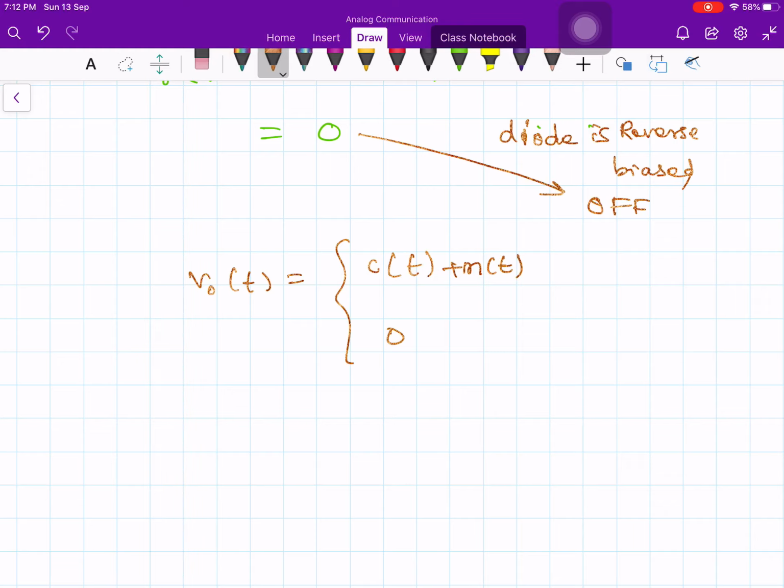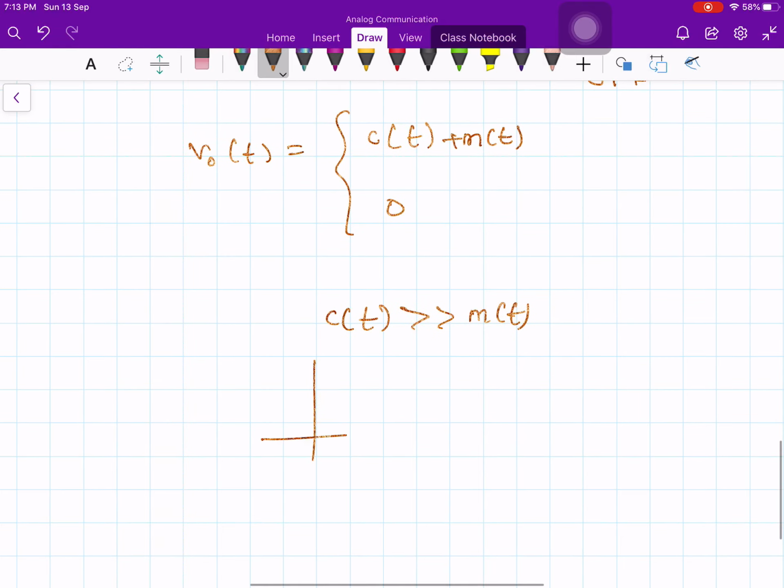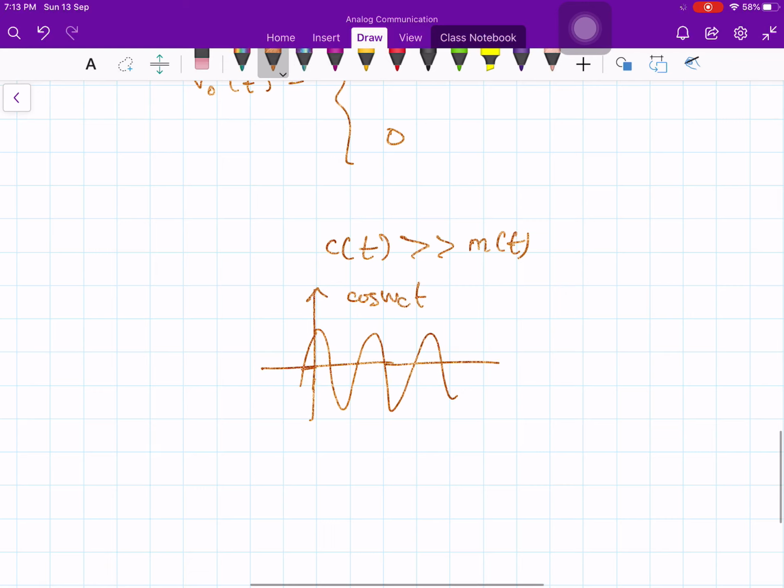Generally, your carrier signal c of t will be much higher than m of t, and moreover your carrier is a sinusoidal signal like cos omega c t. As long as the voltage is positive, the diode starts to conduct. And this carrier amplitude A c is much greater than m of t for all time. That is the condition that we are assuming here.